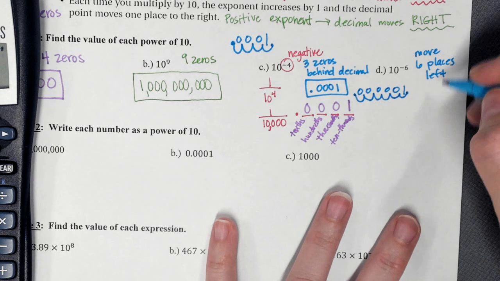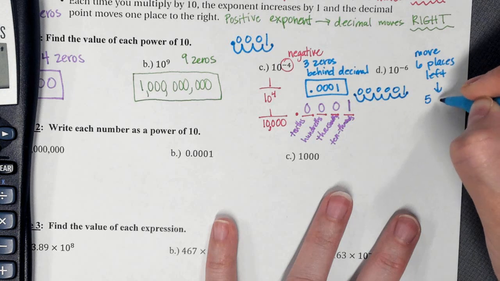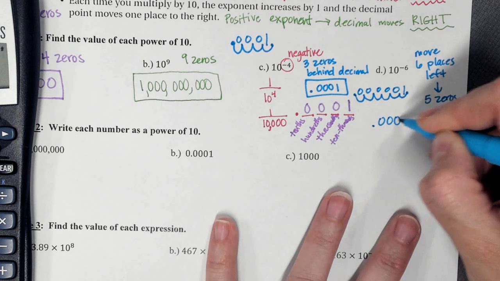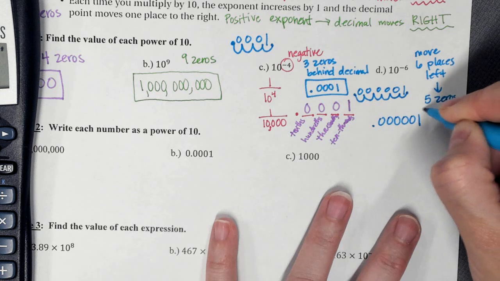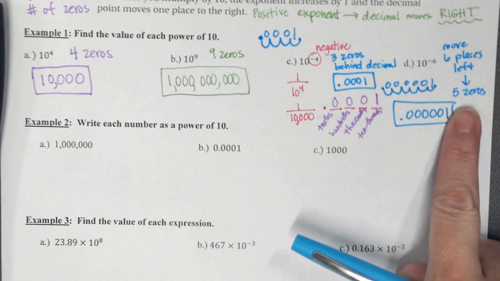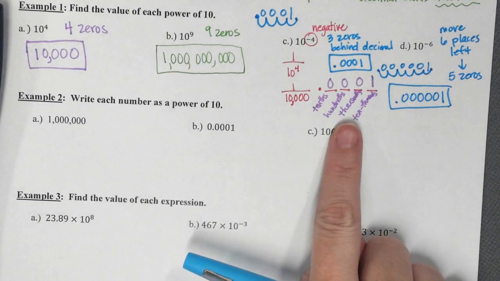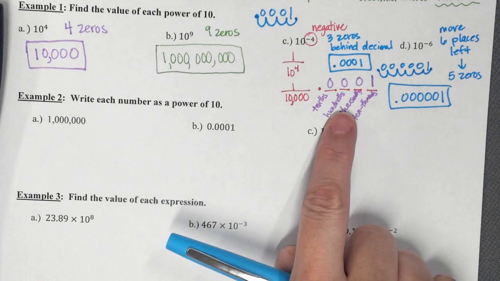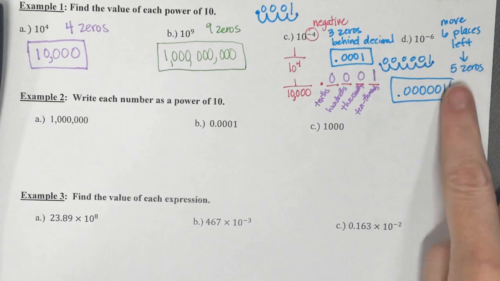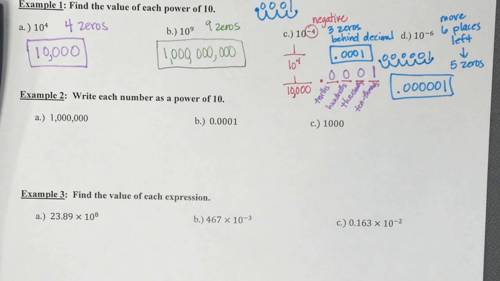So if you move 6 places left, there's going to be 5 zeros. You are welcome to use this shortcut. I just want you to understand how this is relating to what we did before. But you can use that shortcut when you're doing your practice, okay?